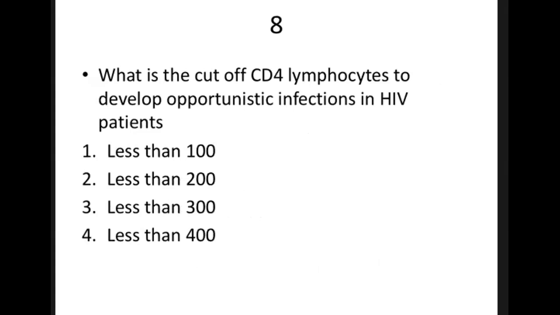Okay. What is the cutoff CD4 for lymphocytes to develop opportunistic infections in HIV patients? This is directly based on one of the lectures we heard today. Less than 100, less than 200, less than 300, less than 400.